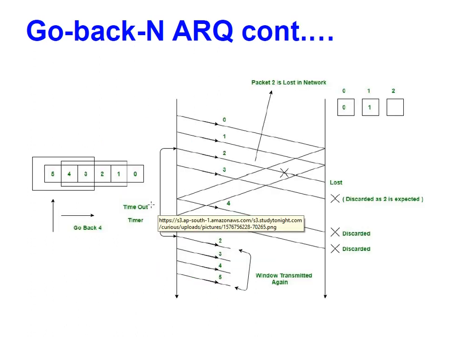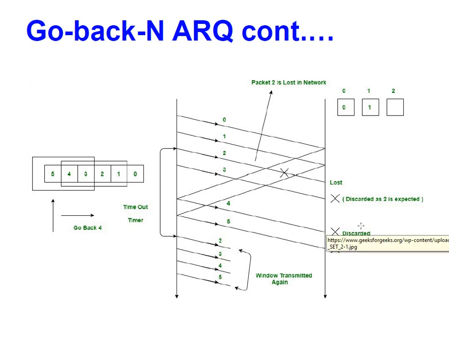Now that is what we see here. We are sending Go-Back-N ARQ. You can see this is the window. It keeps on sliding. So you are sending 0, 1, and 2 has come, so it's okay. But when the second has been lost, whatever is sent after that is discarded because the second has not been received.